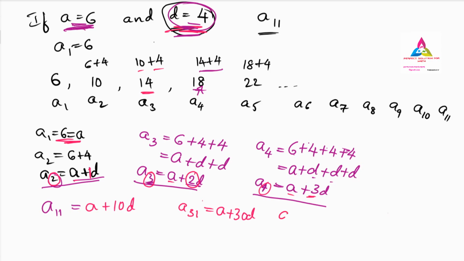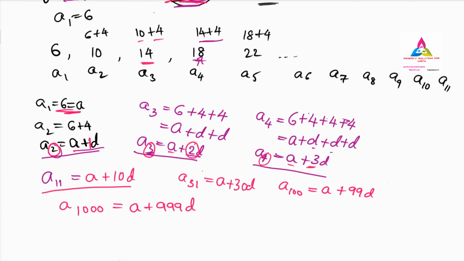Similarly, to find the 100th term, it is a plus 99d, one less than 100. In such a way we can find any term. For example, to find the 1000th term, it is a plus 999d, one less than 1000. So I think you don't have any difficulty now because it is very easy.